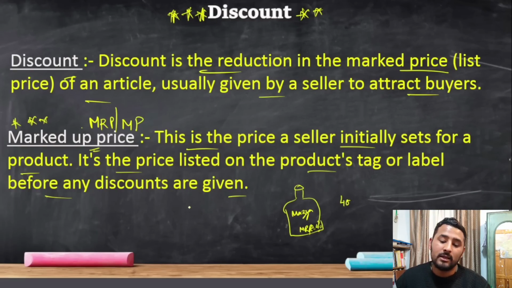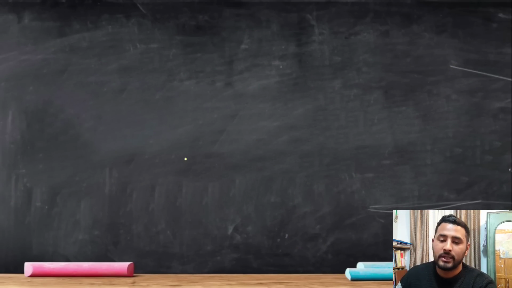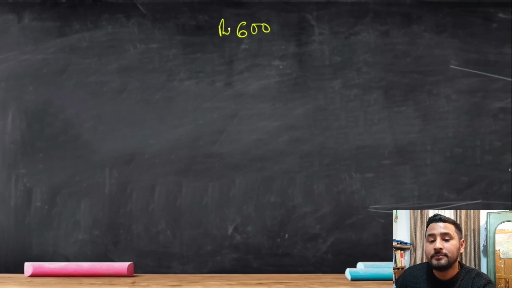And sometimes what we do is, say we go and buy clothes. Let me just do it here, then I'll come back to discount. Suppose we go to buy a t-shirt of 600 rupees.